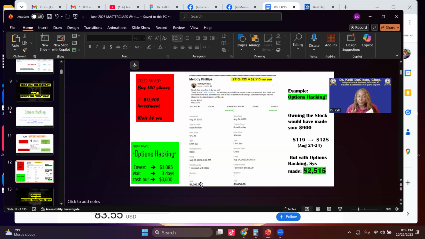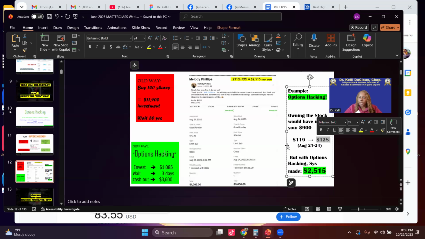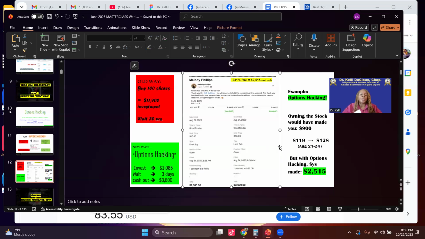Now, here's the amazing part. When she got out of this trade, I'm circling it right here. It says August 24, 2020. Now, again, we can go and look right now and see what was the price of Apple at this exact time. I already did the work for you. The price was 128 right there, 128. Okay. So now let's think about the old way.